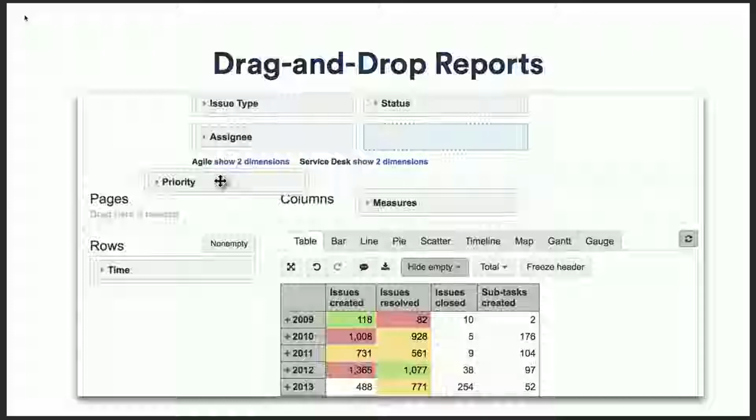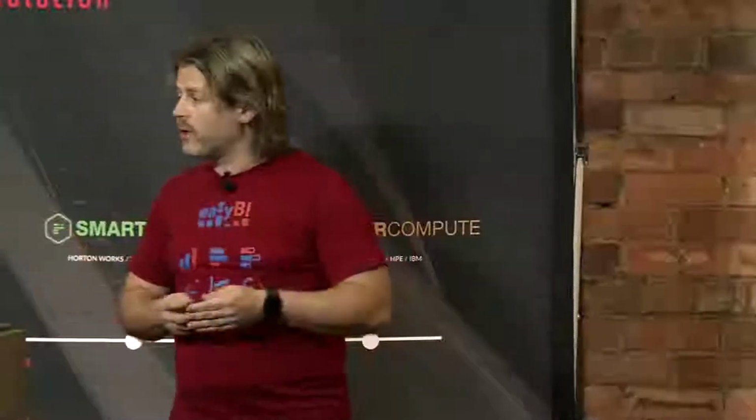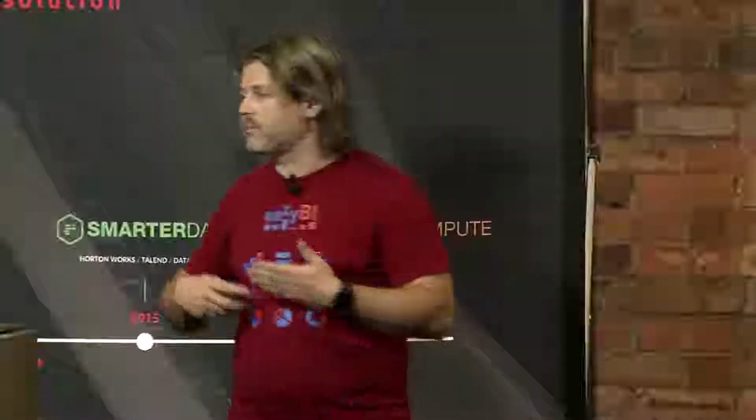With EasyBI, you can easily create drag and drop style, pivot table style reports where you can analyze different measures like issues created or resolved, or hours estimated or spent, or time spent in workflow transition statuses. And then you can analyze them by different dimensions, like by time, by projects, by statuses, priorities, and things like that.